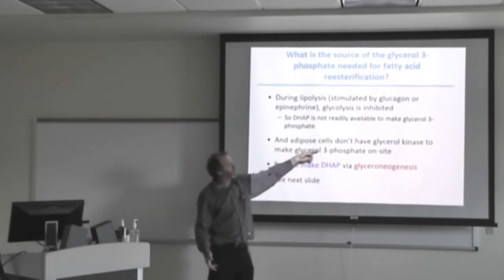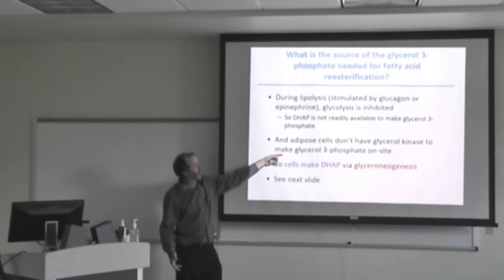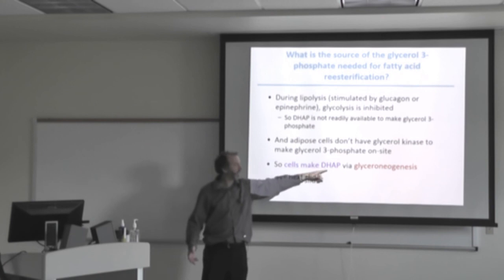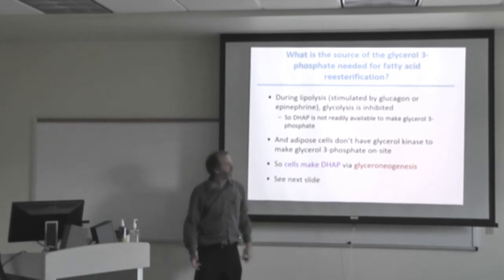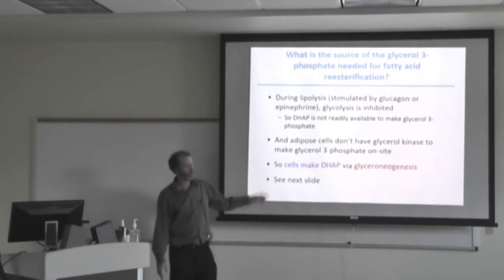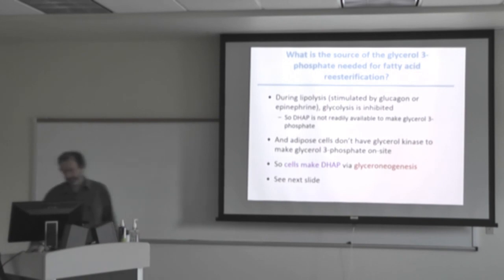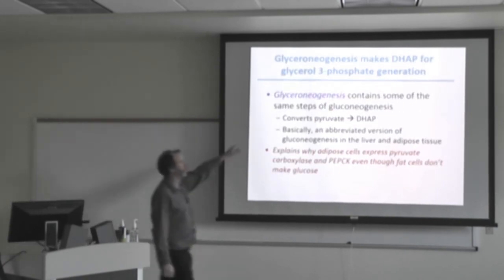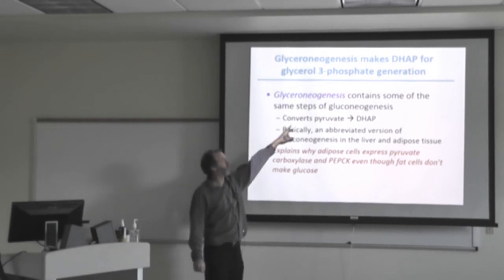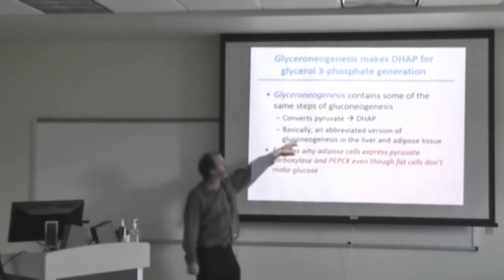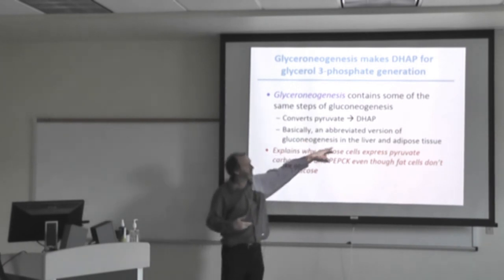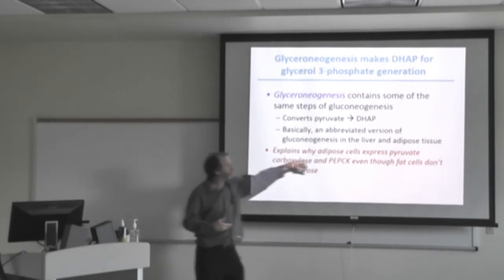And the adipose cells don't have glycerol kinase to make glycerol 3-phosphate on site, so cells make dihydroxyacetone phosphate via glycerol neogenesis. Glycerol neogenesis contains some of the same steps as gluconeogenesis, converts pyruvate to dihydroxyacetone phosphate, and basically it's an abbreviated version of gluconeogenesis in the liver and the adipose tissue.